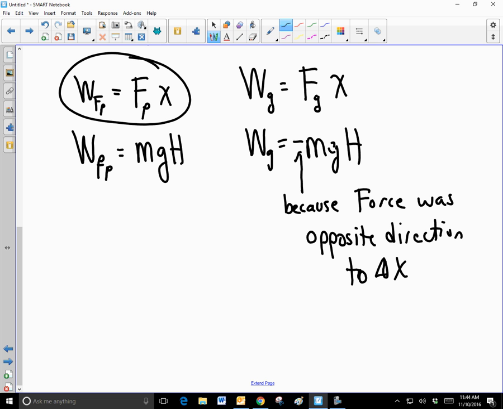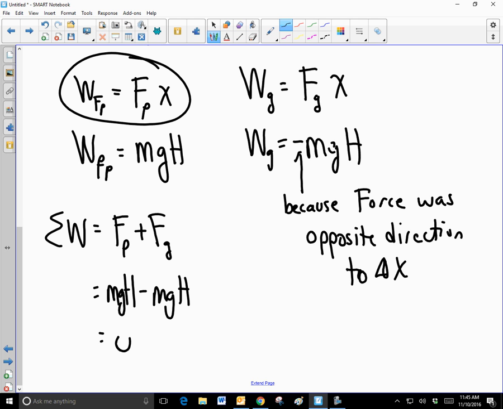And so how much total work was done on this object? 0. The sum of all the work is the work done by the push plus the work done by gravity, but notice, minus. So this is mgh minus mgh. So the total amount of energy change is actually 0. That's because we did not include the Earth as a part of our system.